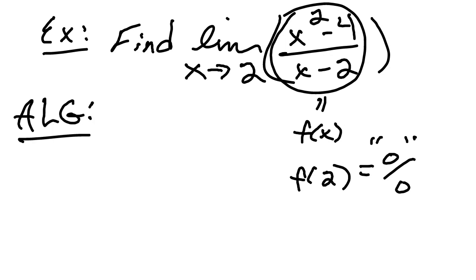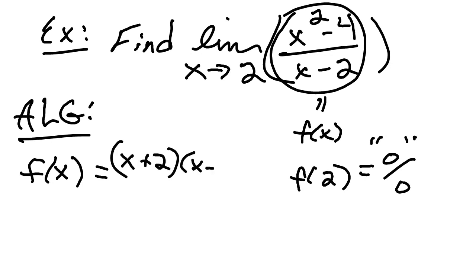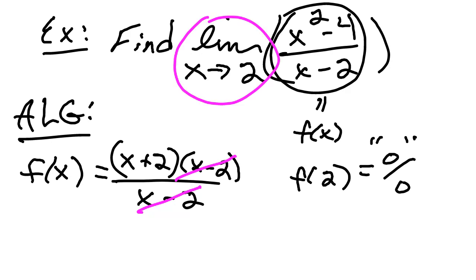If we have the graph and we can see what it looks like, that's always a good deal. So we can factor that as x plus 2 times x minus 2 on top, because it's a difference of two squares, all over x minus 2. Then we can cancel out the x minus 2's, because as x approaches 2, I'm approaching 2 but never actually touching it.